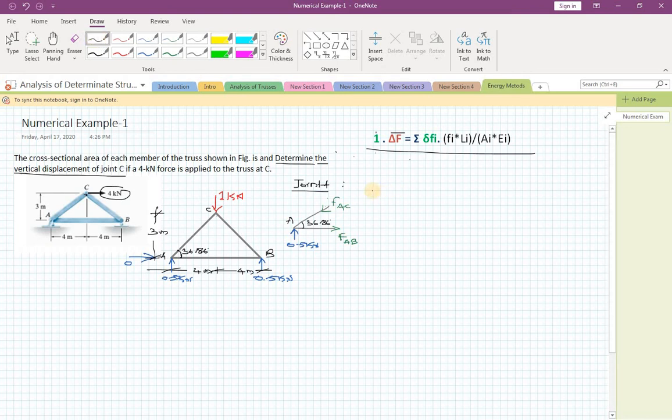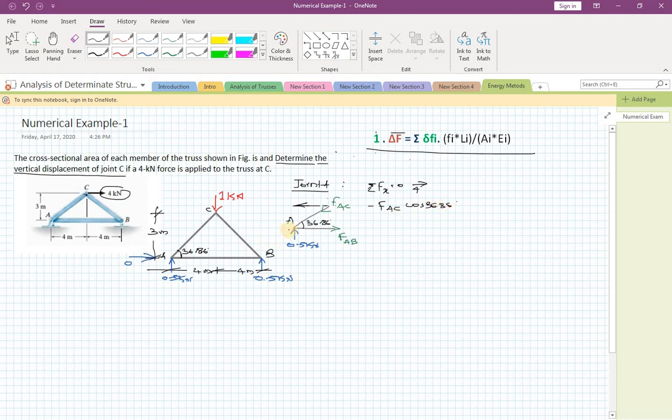Now I can apply the equilibrium equations at joint A. Let me start with summation of Fx equal to 0. The sign convention will be all the forces in this direction as positive. FAC is an inclined one, so it will have a horizontal component like this. So I should write it as minus FAC cos 36.86.